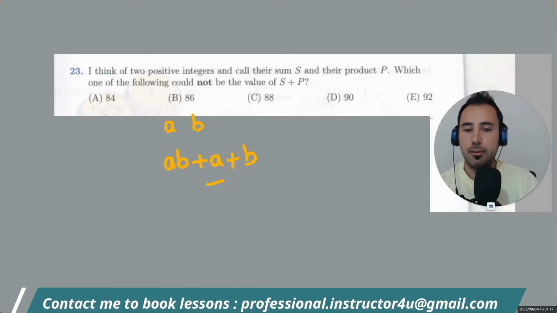So let's assume that one of the numbers, let's start from the smallest. If A is 2, let's come up with a number B that would result in some number around this range. So maybe 20, not enough. So maybe 24, 48. Okay, let's see if it's enough. A 2, B 24. This will be 48 plus 2, 50, 74.